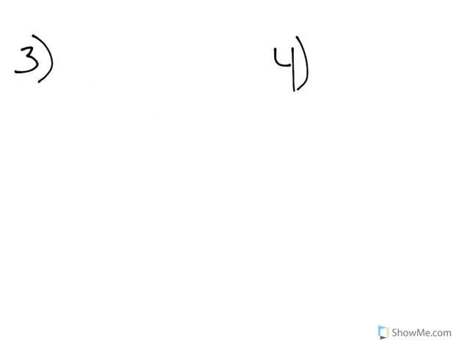Which pair of concurrent forces could produce a resultant force having a magnitude of 10 newtons? Alright, first let's rule some out. So it can't be B because 10 and 30 can never be smaller than 20 newtons.